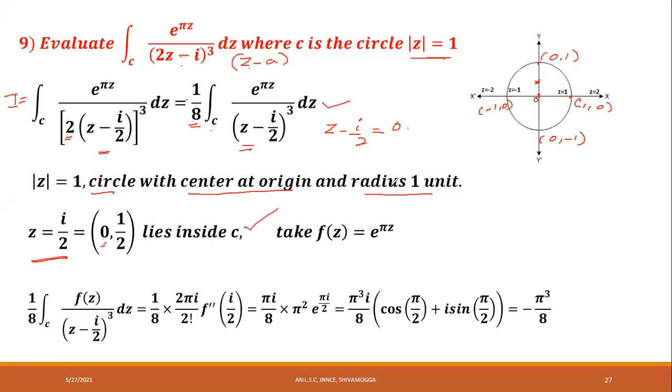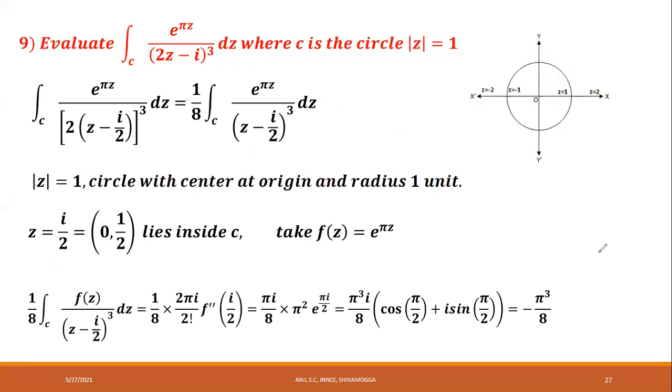Therefore, Cauchy's integral formula is to be applied. Take the numerator e power pi z as f of z. Therefore, I is equal to 1 over 8, keep it as it is, the integral over C of f of z divided by (z minus a) whole cube, where a is i by 2.